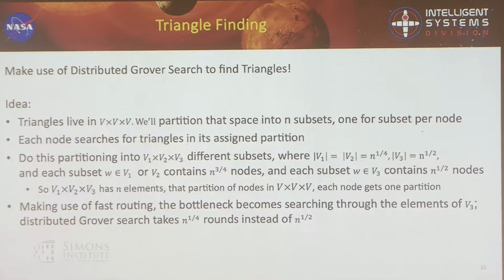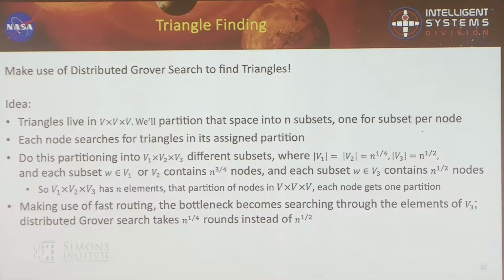There are different ways you can partition, and it turns out to be good if we partition this into a bunch of different subsets indexed by V1, V2, V3, where the size of V1 and V2 is n to the 1/4 and V3 is n to the 1/2. As you can see, if you multiply those together, you'll get n subsets. So we can give one of those to each node.